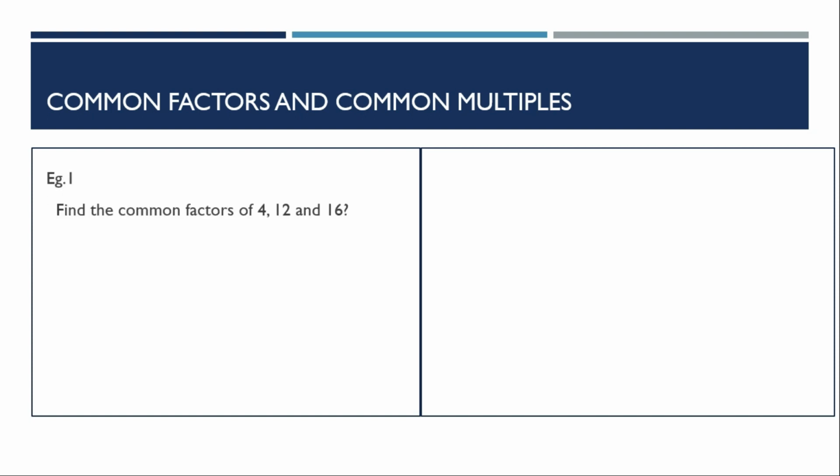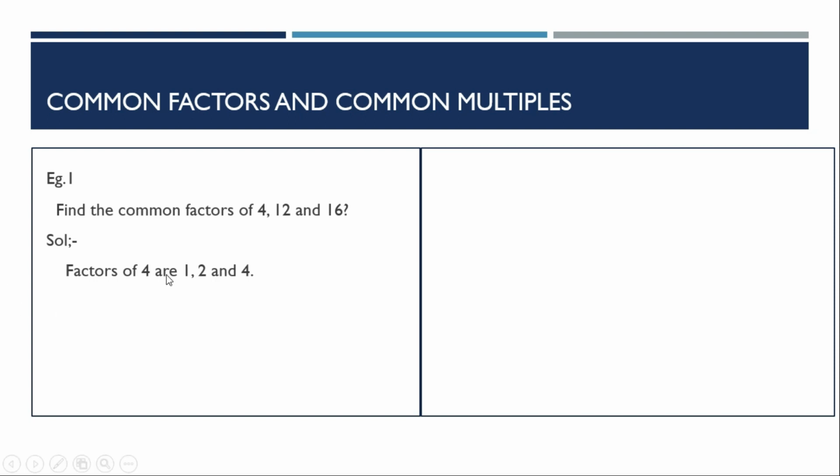Find the common factors of 4, 12 and 16. The first step is to find the factors of 4, 12 and 16, and then take the common numbers among these three. Factors of 4 are 1, 2 and 4.